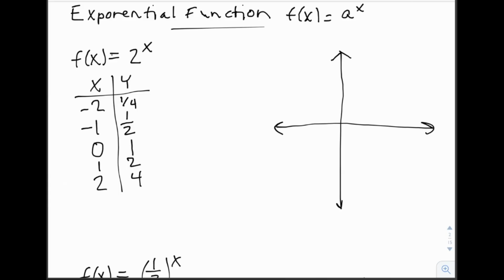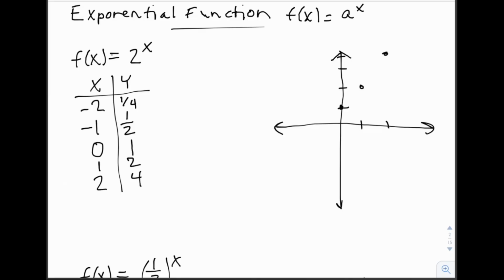Starting with the point 0, 1, we will have a point on our y-axis. Additionally, we have the point 1, 2. We'll have another point up here. And last, we will have a point at 2, 4, all the way up here.